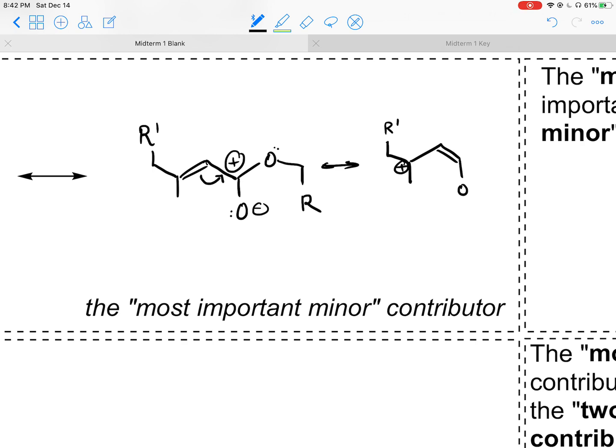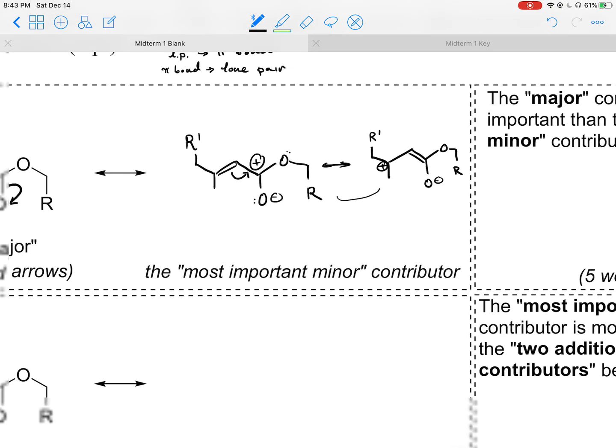Oxygen, still negative. Oxygen, and R. Okay. It looks like these two are about even. I mean, they both have a carbocation, they both have a negative charge on the oxygen. These two aren't too different from each other.